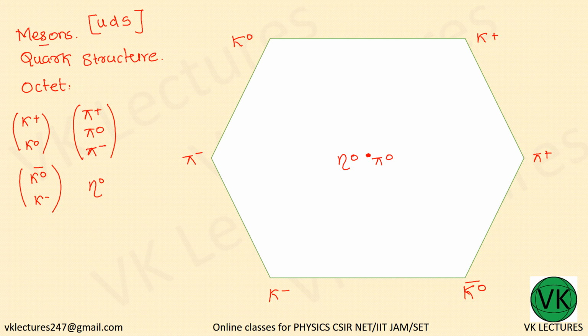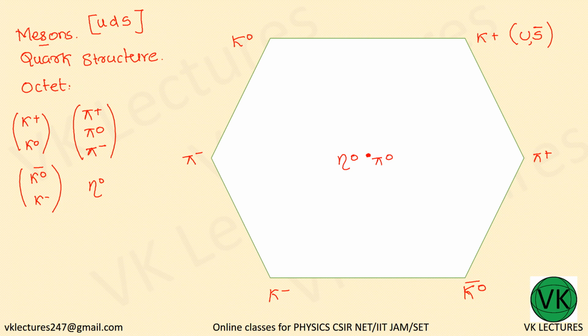That means the constituents of mesons. What are mesons made up of? So starting with K plus, you have u s bar. It is the up quark and the anti-strange quark, u s bar.